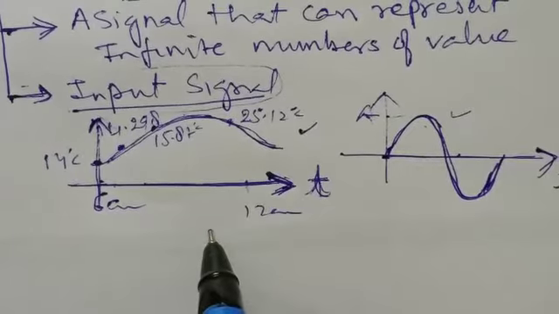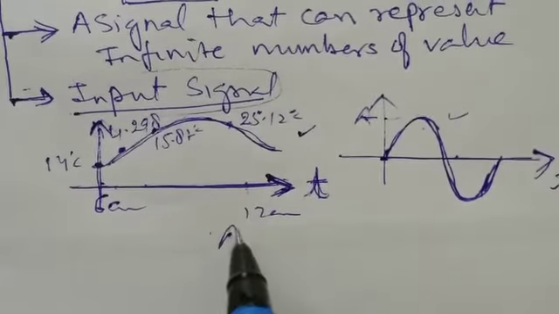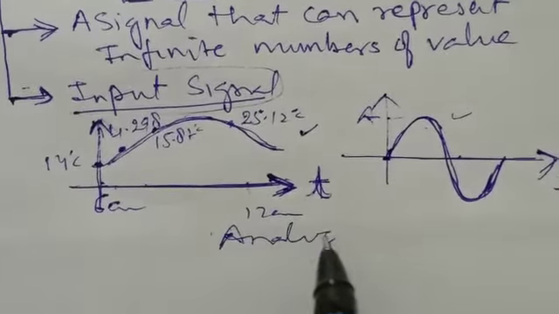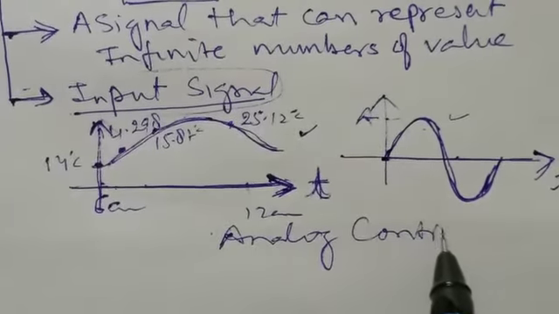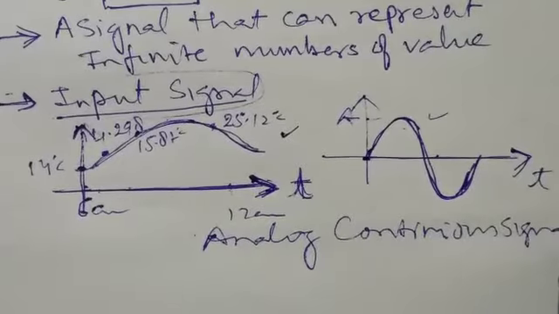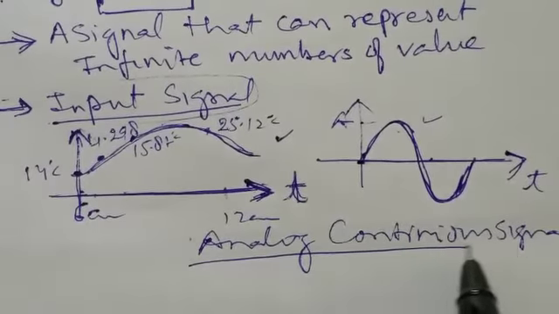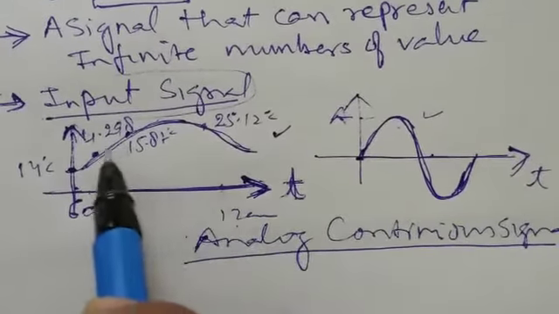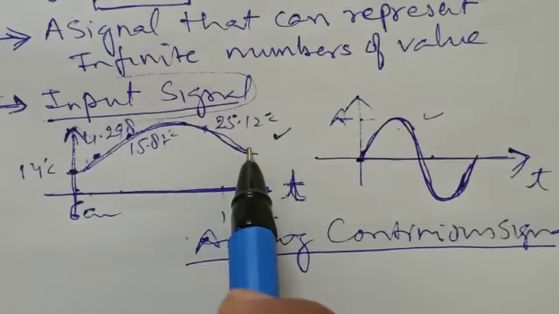So these signals should be called analog continuous signals. So analog means a signal which represents infinite possible values.